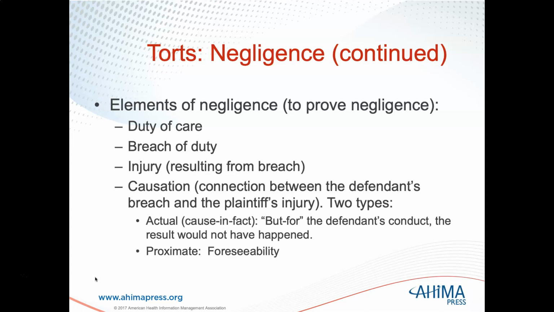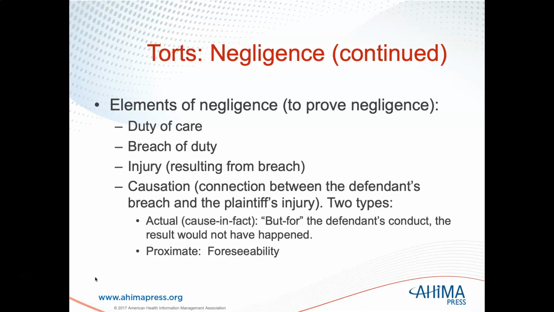Then the last piece of this is you have to prove causation. There has to be some type of cause between what the defendant did or didn't do and what happened, resulting in the injury.